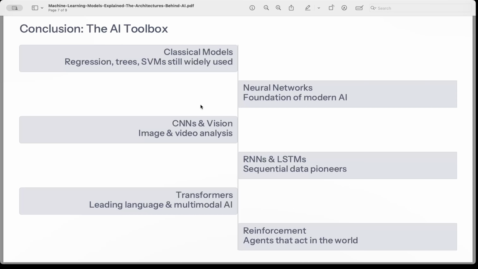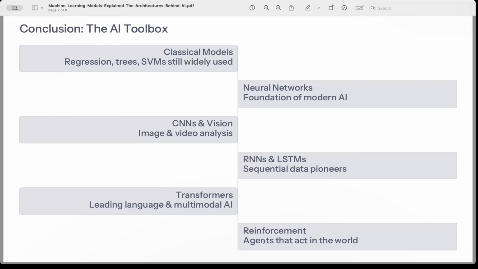Then CNNs, which dominate vision tasks, and then RNNs and LSTMs, which pioneered sequence modeling, and then the famous transformers, which now lead in language and multimodal AI, and lastly, reinforcement learning, which powers agents that can act in the world and receive feedback in real time.